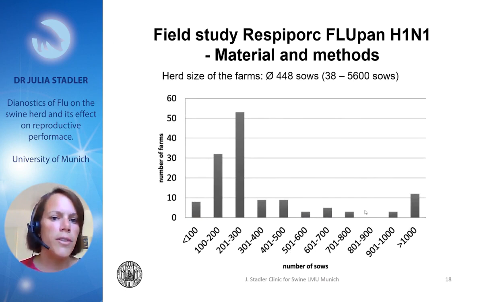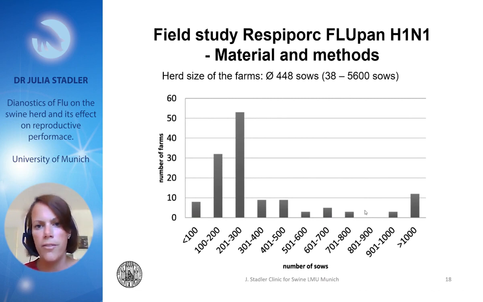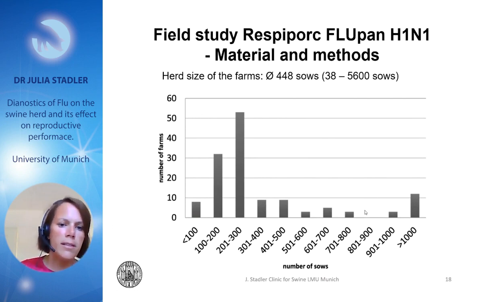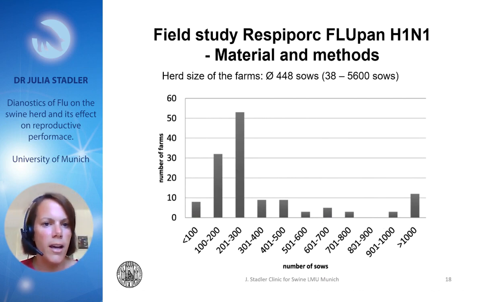The herd size of the included farms varied between 38 sows and 5,600 sows, with an average farm size of 448 sows. I think you can see nicely on this figure that the herd size varied enormously.